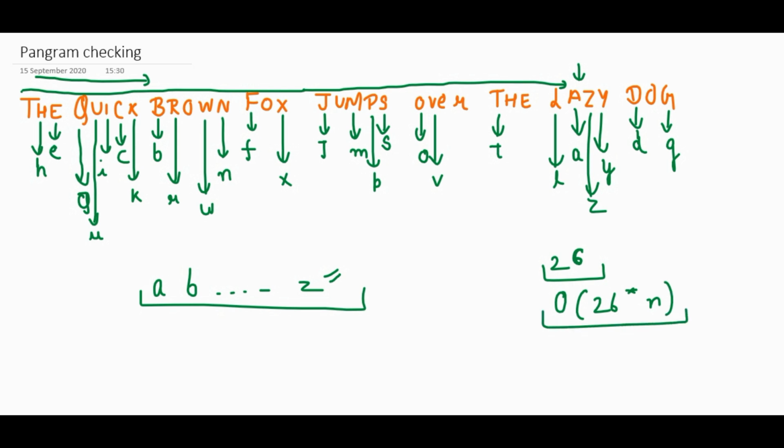Because in the worst case we are iterating over the whole string, and how many times? 26 times, because there are 26 characters. So the time complexity will be 26 times n, which is almost equal to n, but we can improve it because it is 26 times n. Now let's see how we can improve this time complexity.